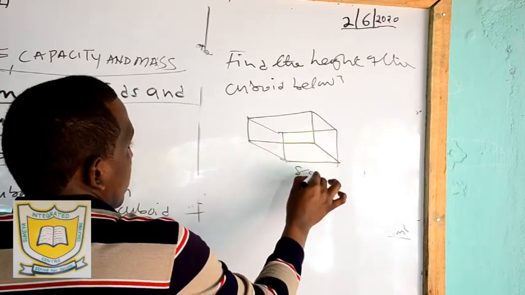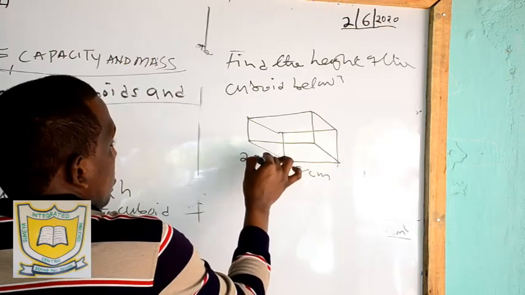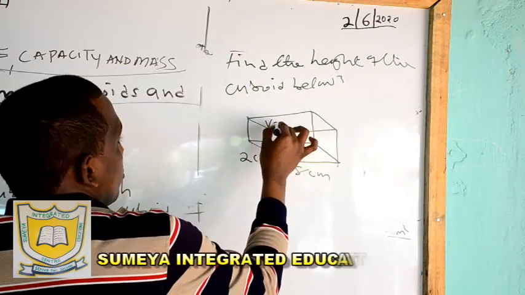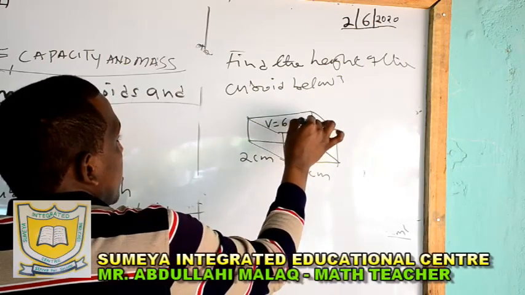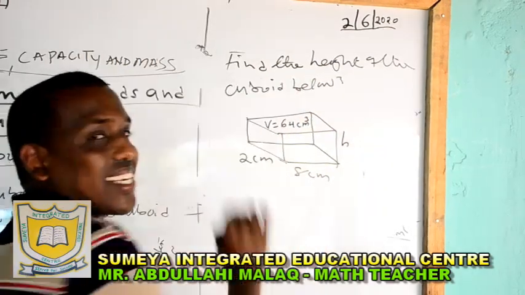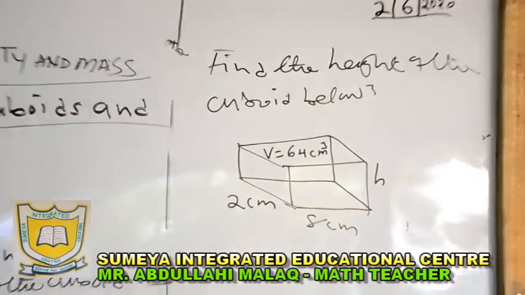Let's say here is 8 centimeter, here is 2 centimeter, then they will tell you volume is 64 centimeter cube. Then they are asking the height now.